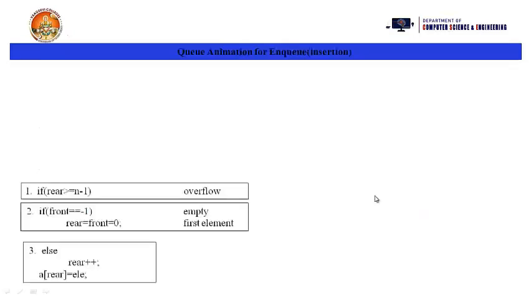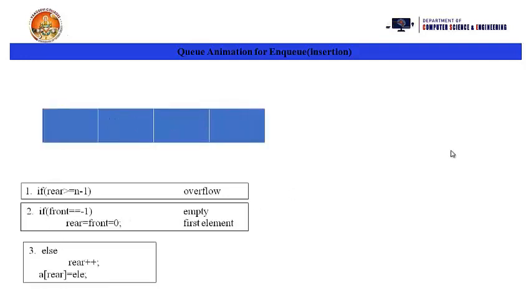Now let us see the animation of enqueue operation. Before that, these three conditions we need to check while entering an element into the queue. Now this is the queue, the name of the queue is Q, and the queue size is 4.